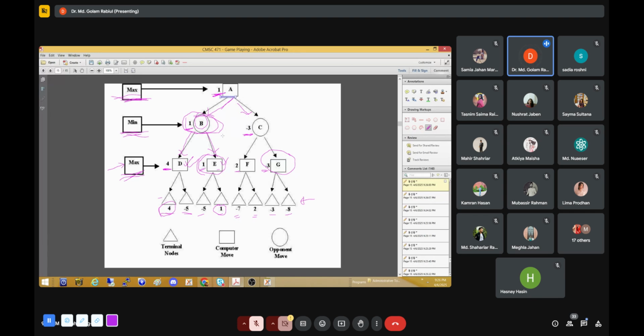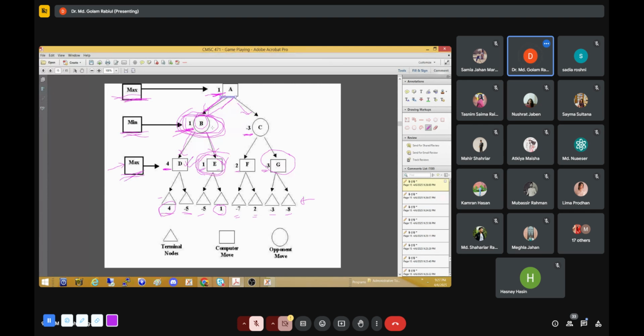Okay. So now we want to determine the search path to find out the optimal value or optimal utility. So we can see this one, actually this one is taken from where? Taken from this node. So that means it will play this one. Then from here, this one is taken from where? This one is taken from this node.